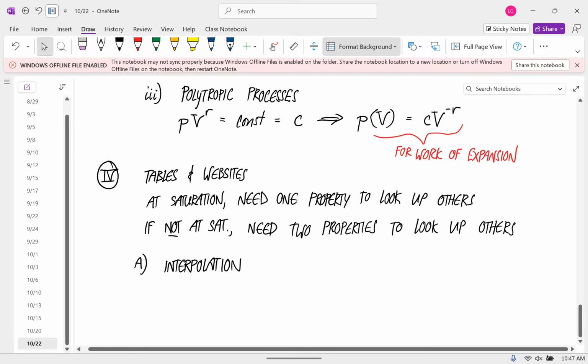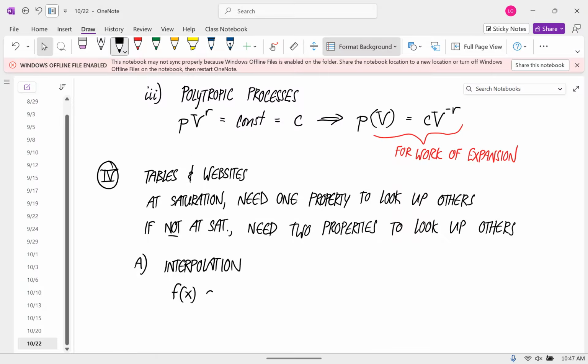And the interpolation equation said f of x is approximated by f of x1 plus f of x2 minus f of x1 divided by x2 minus x1, and then times the quantity x minus x1.